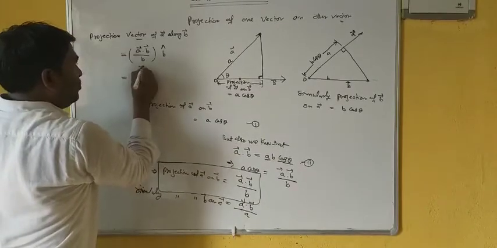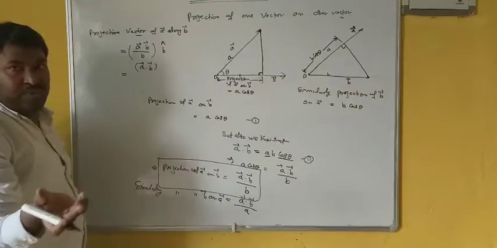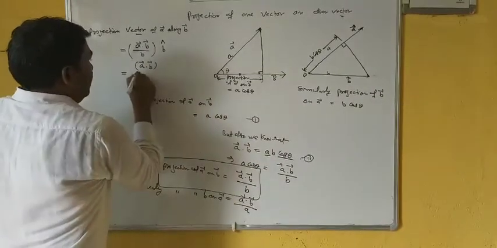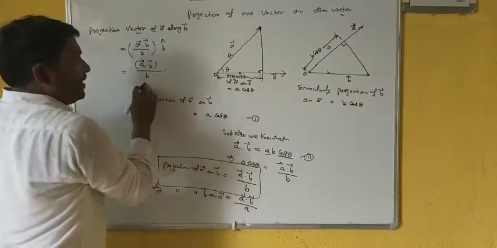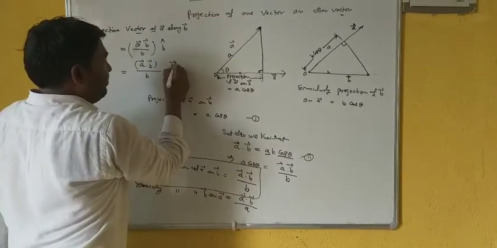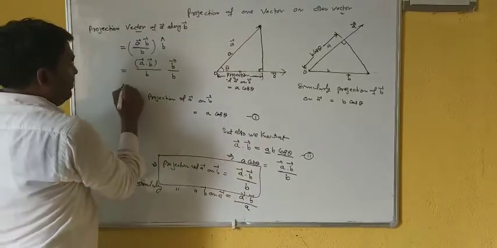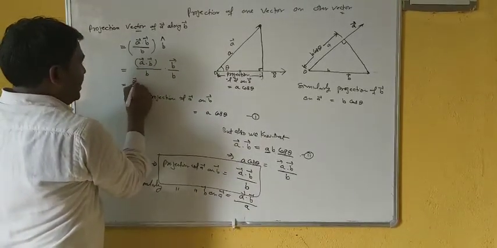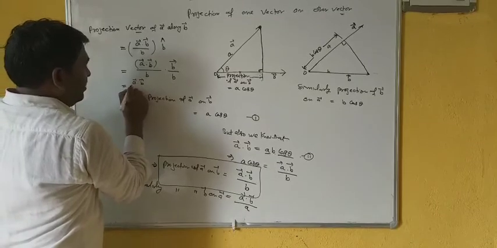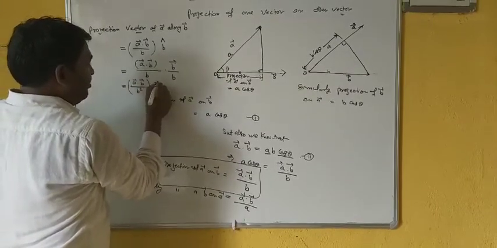Simplifying, it is A dot B divided by B, where B is the magnitude of vector B, and B cap can be written as vector B upon magnitude B. So it will be equal to vector A dot vector B divided by B square, times vector B.